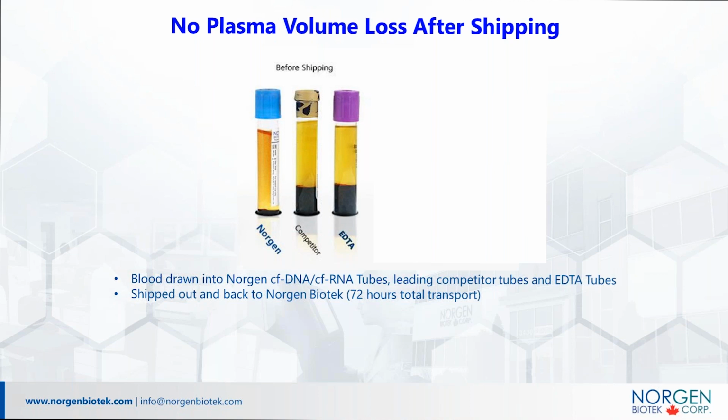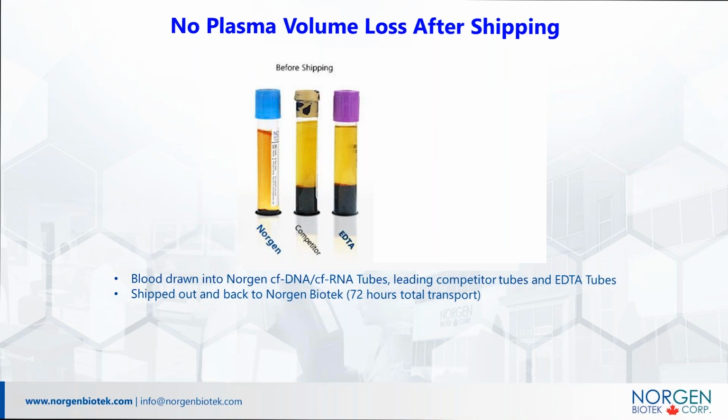In this study, we collected blood on 3 different tubes: EDTA tubes, another tube from another vendor, and Norgen tube. We kept some here at Norgen, and its replica were shipped and received back to Norgen after 72 hours. And then it stayed for 7 days after being received.